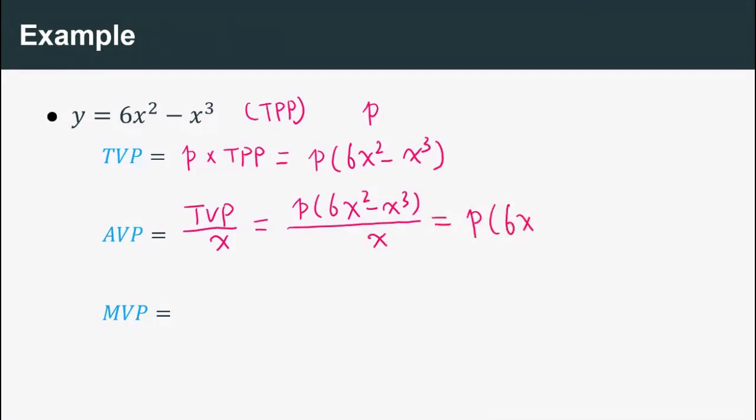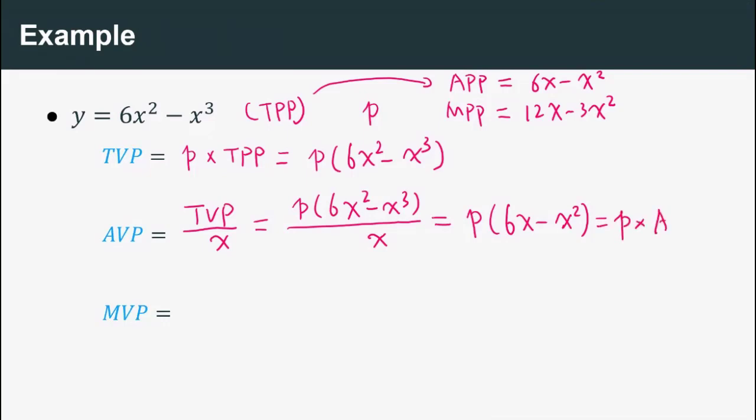And this is going to be 6x minus x squared. If you have your TPP here, you wrote your APP and your MPP. Then you can find out AVP is just P times your APP.